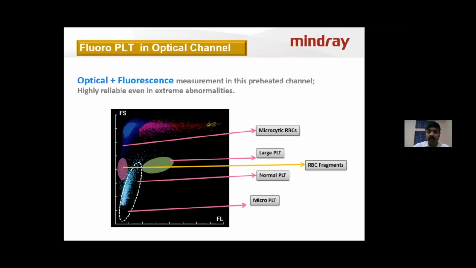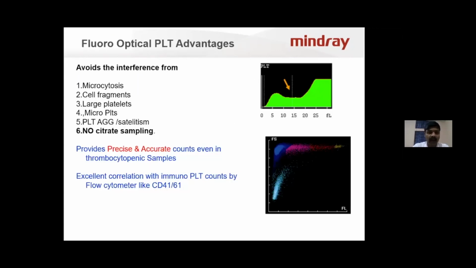So this will give you more reliable, accurate counting, leading to the advantages of avoiding interference from microcytosis, cell fragments, large platelets, microplatelets, platelet aggregation or satellitism, and we can avoid taking a citrate sample in case of EDTA-induced platelet aggregation. So it will provide you precise and accurate platelet counts, which correlate very much with immunoplatelet counting methods.